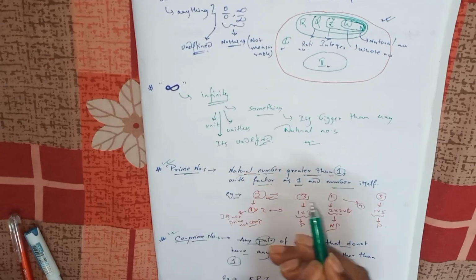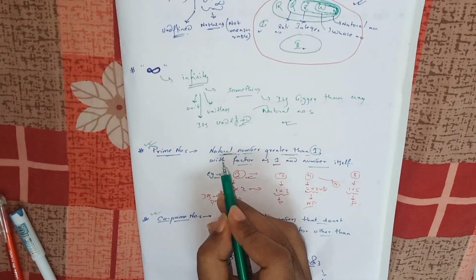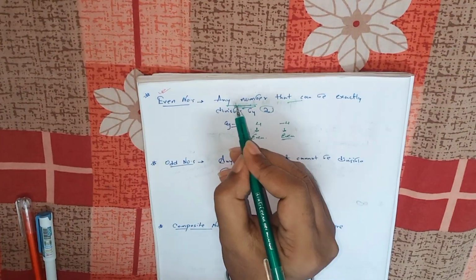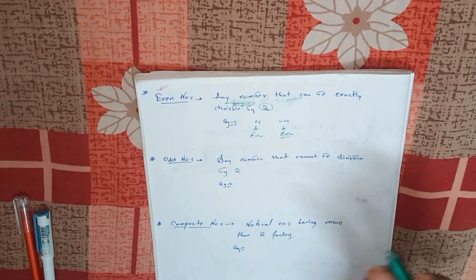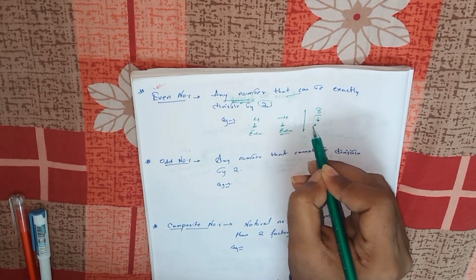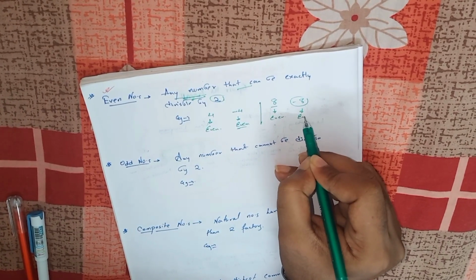Because earlier, in the case of prime numbers, we saw natural numbers, that's why we haven't dealt with negative numbers. But here, in the even number case, it is written any number. So the negative part we can also take. Another example, 8, it is an even number. Negative 8 is also an even number.